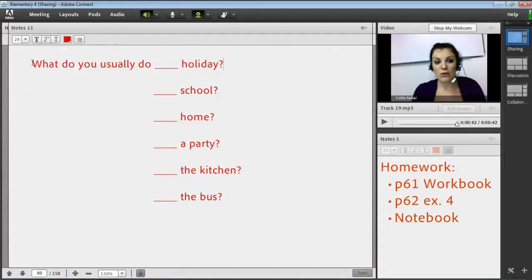So what do you usually do? Holiday, school, home, a party, the kitchen, the bus. I want you to copy these words and write the correct prepositions before these places. Off you go.